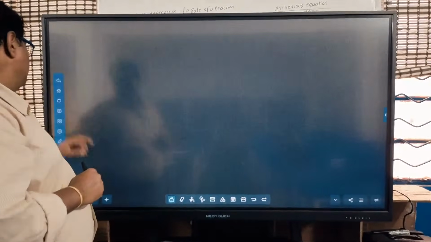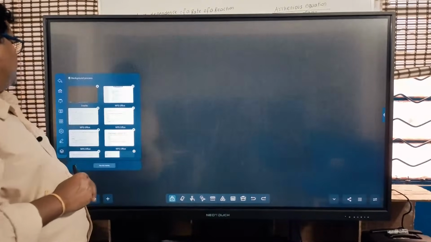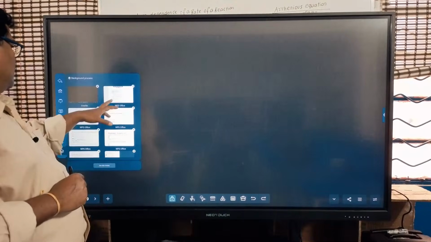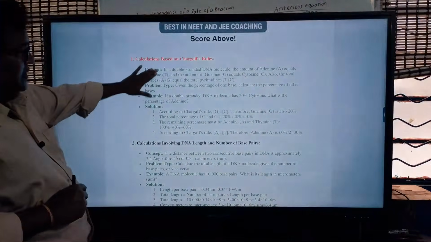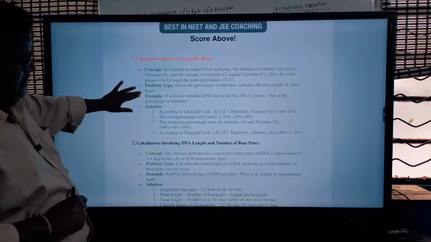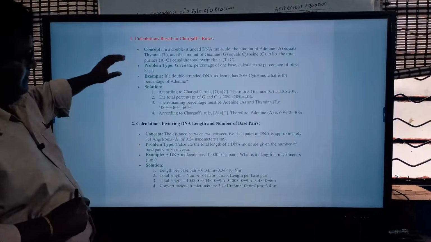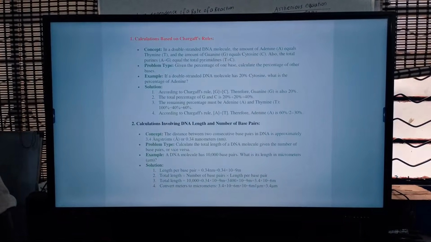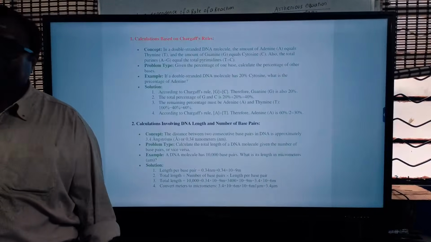Okay, now we are going for the next important questions in the case of Chargaff rule. Okay, you saw these are the Chargaff rule based questions. Yes or no? Anybody having any doubt in this place? Which one? Yeah, the nature of the DNA or RNA. They can't bring all the viruses, all the things.